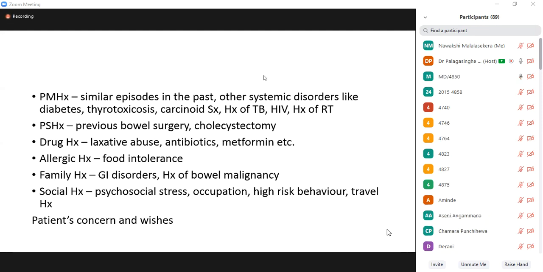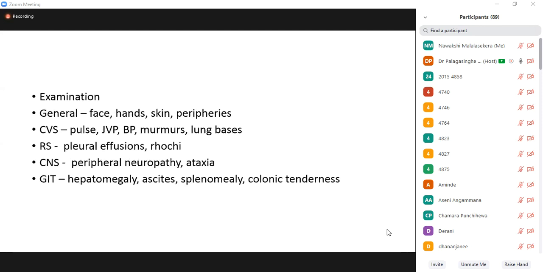So when you get those components of the history, 80% of the time you are at the diagnosis. After this history only, you move on to the examinations. There are things in the general examination you have to examine in somebody with a chronic diarrhea.